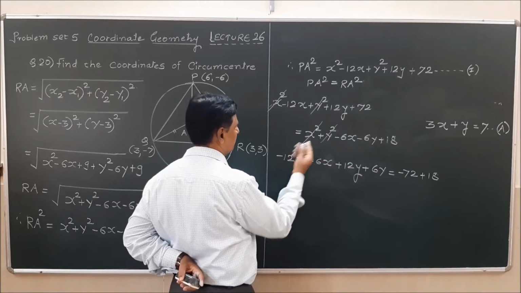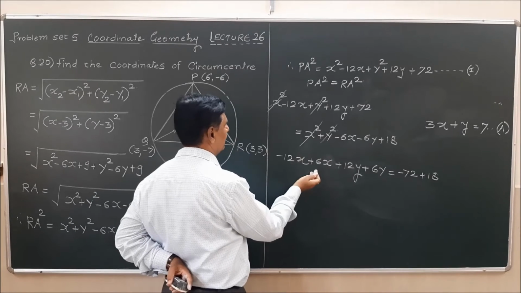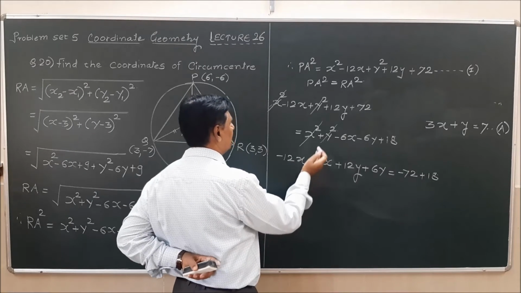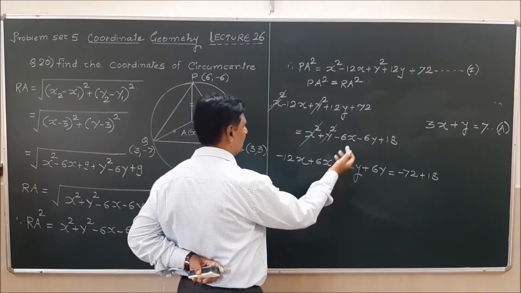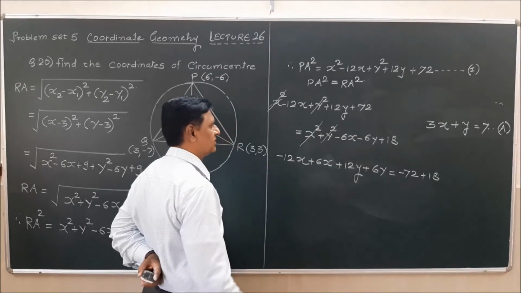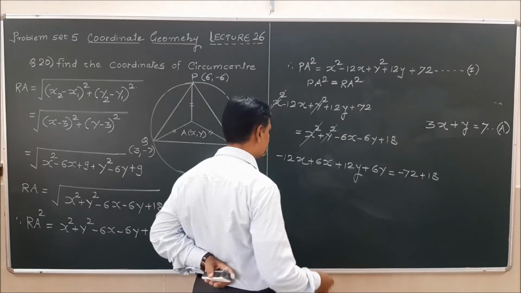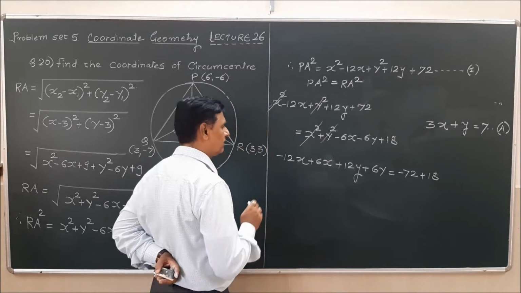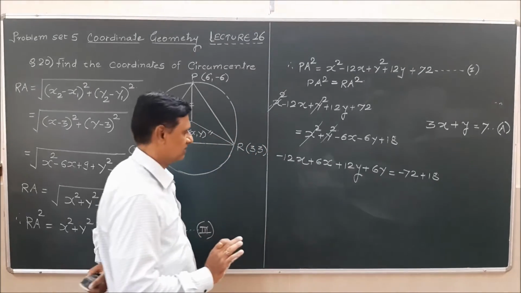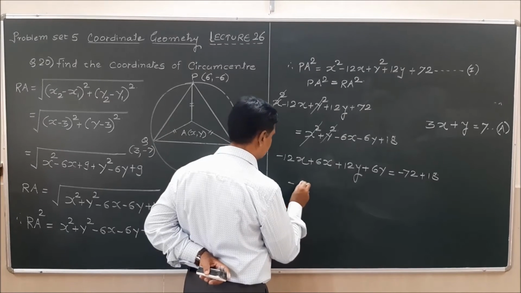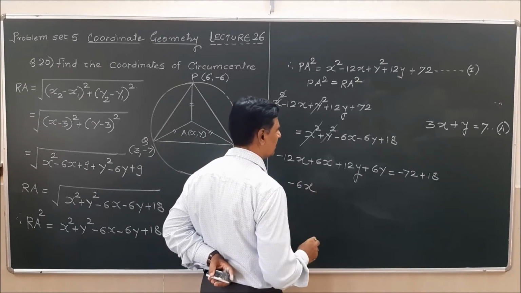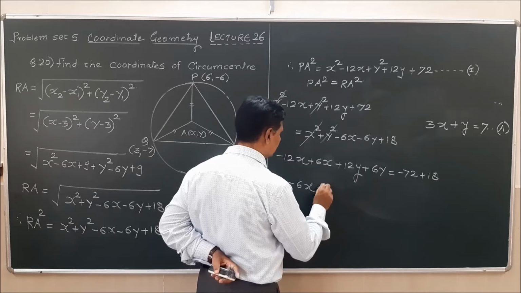Try to understand again. Minus 12x, transfer it to the left hand side, plus 6x. Then you will find plus 12y. I transfer minus 6y, it becomes plus 6y. Then 72 plus 18. Now if I solve this, minus 12 plus 6, I'll be getting minus 6x. Plus 12 plus 6 is plus 18y.